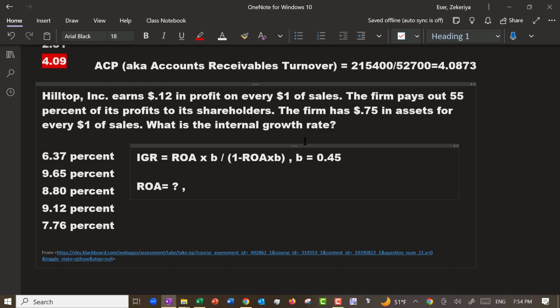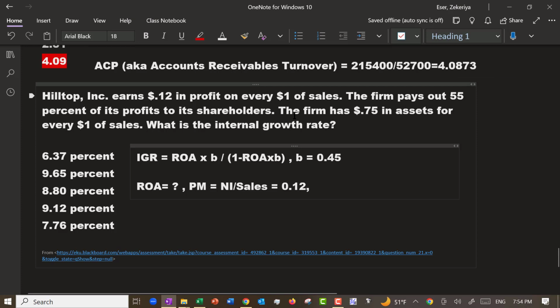True, but completely useless to us. Just because something is correct doesn't mean it's useful. Profit margin. That's the definition. Net income over sales. So that's 0.12.